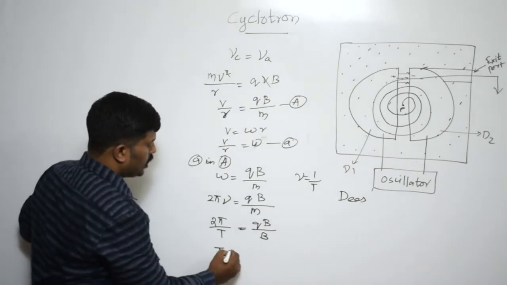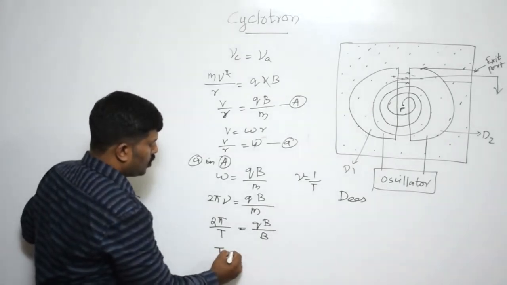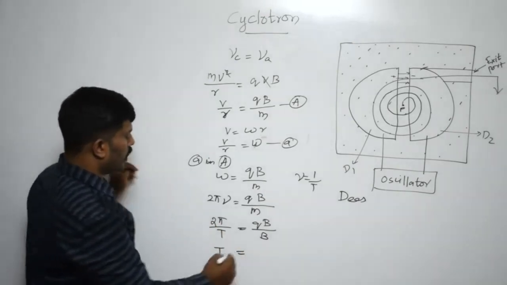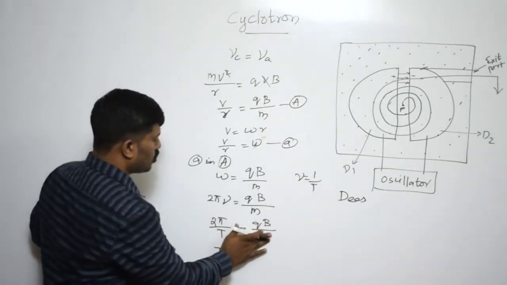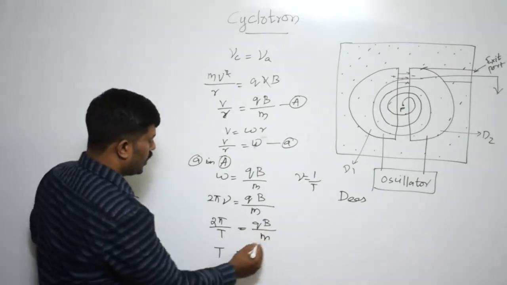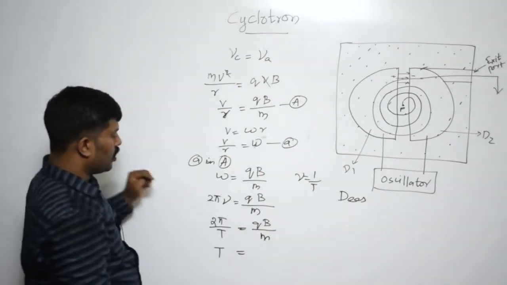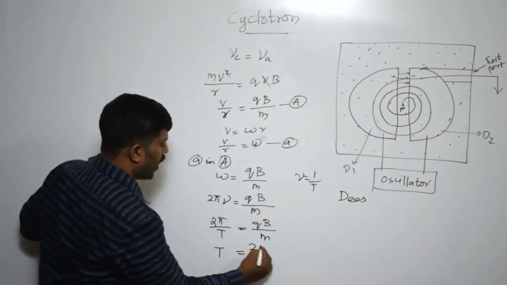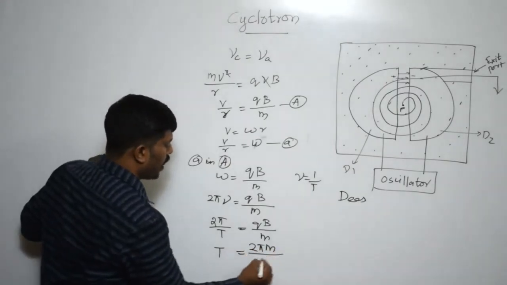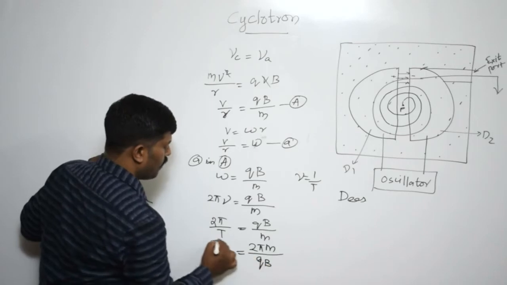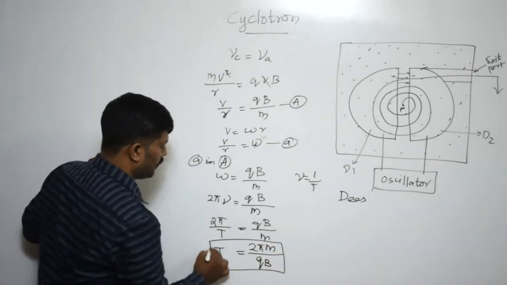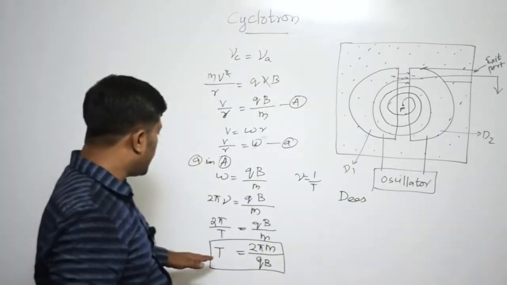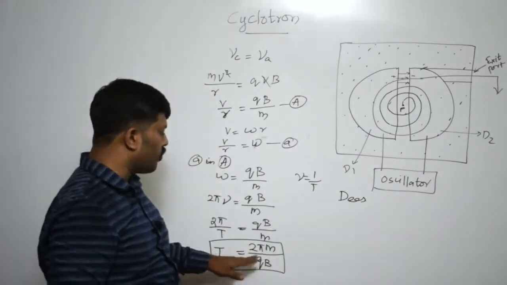Time period T is equal to, so you can take the inverse of it, so it is M, sorry, this is M. So you will get 2 pi M divided by Q into B will be the time period. So the time period for taking one revolution is given by T is equal to 2 pi M divided by QB.